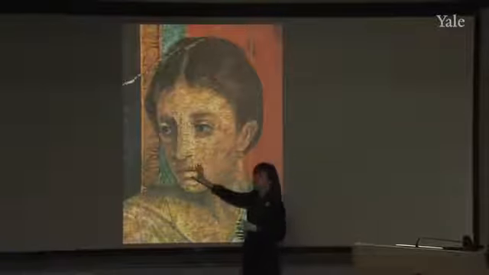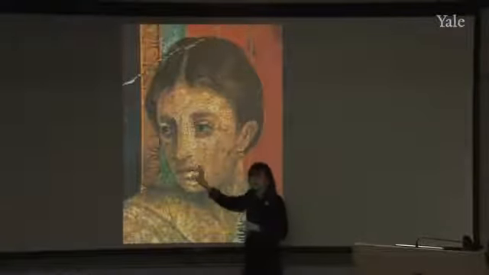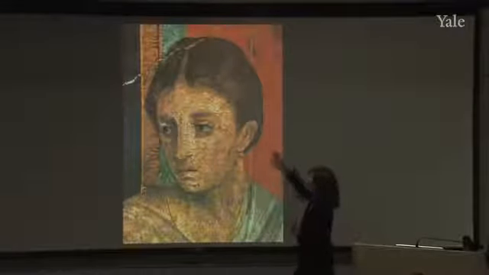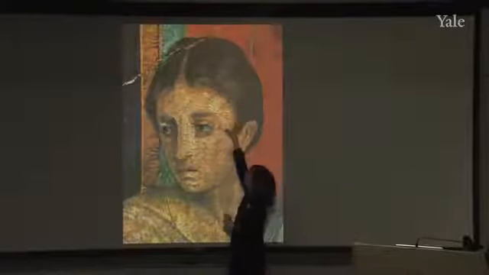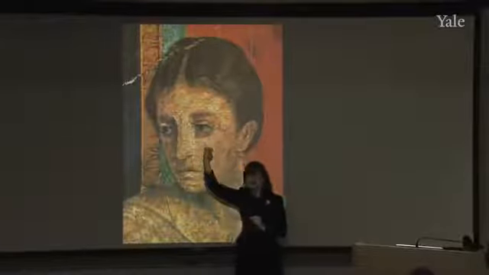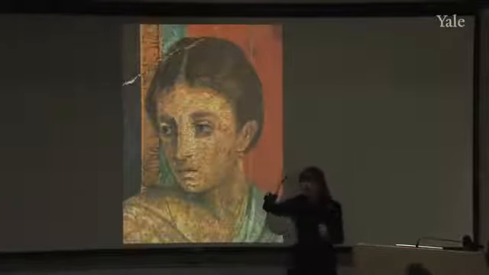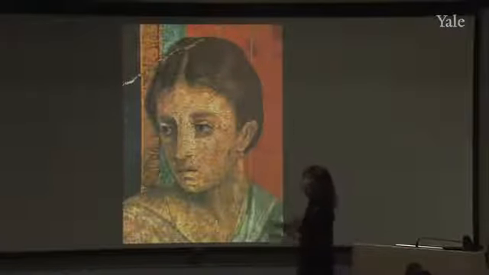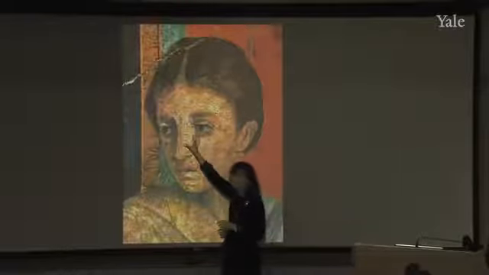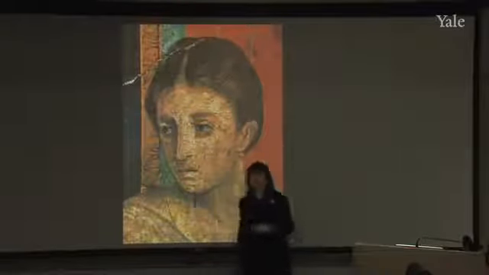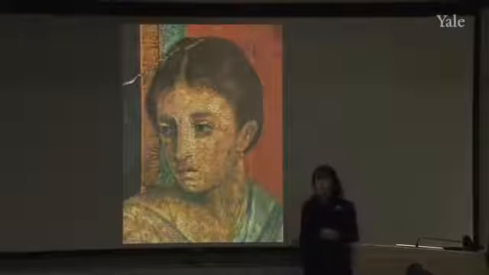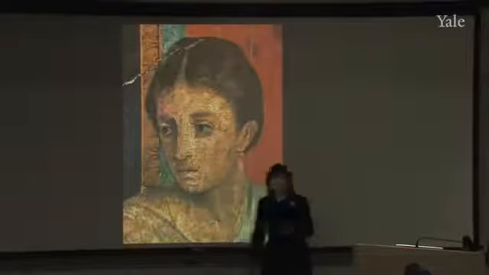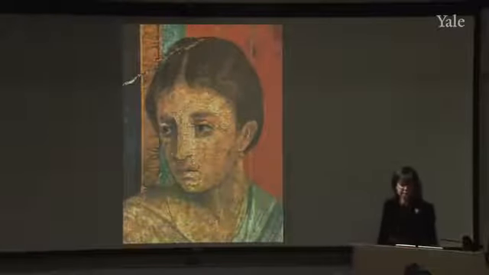Here is somebody who has really looked at human beings, at the way in which hair grows from the scalp. You can see the way he has shown that hair growing from the scalp, and he understands that when you part your hair in the middle, there may be a certain part of the scalp that you actually see through the hair, and he has represented that extremely realistically here. So although we don't know the name of this artist, we can acclaim his talent as we look at details such as this one.